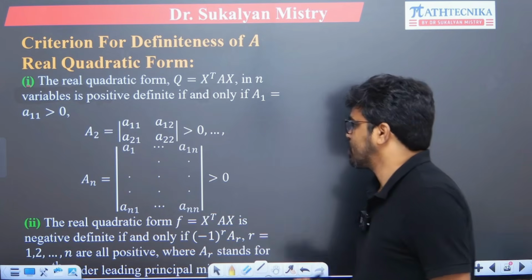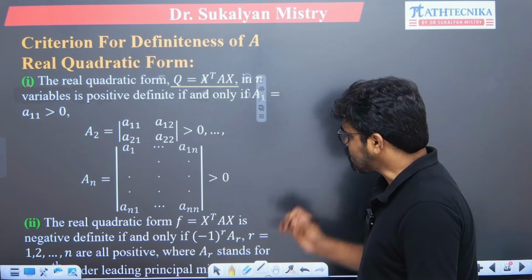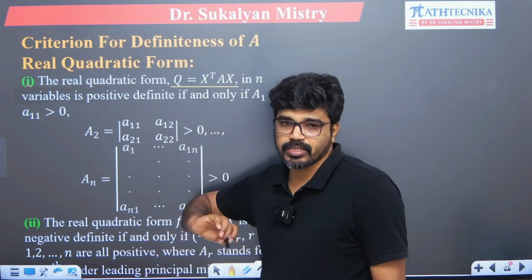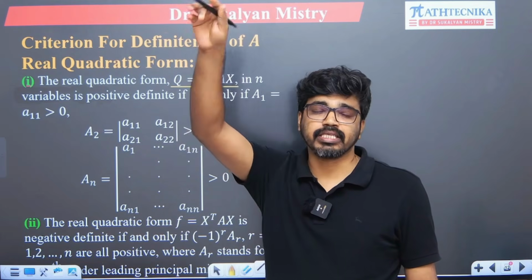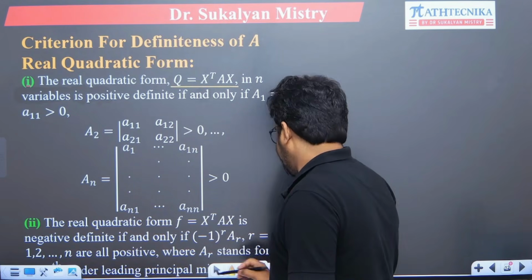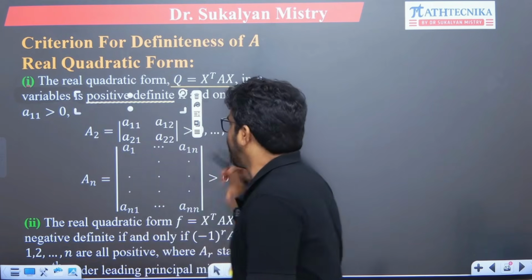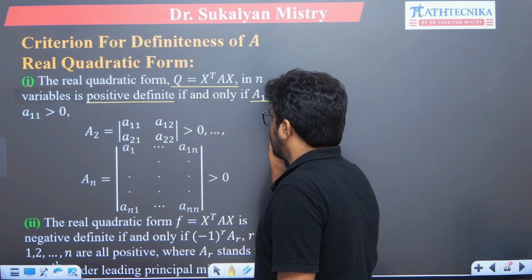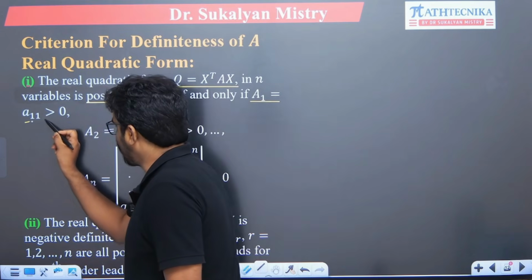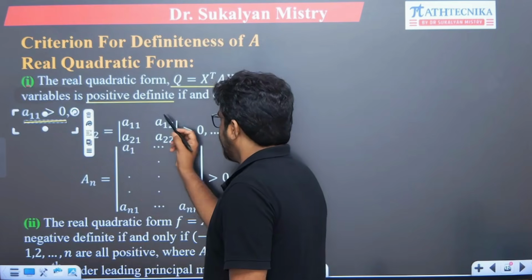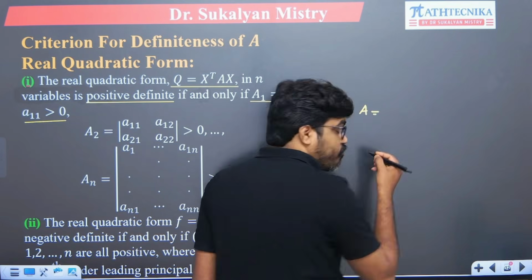A real quadratic form x transpose A x in n variables x1, x2 up to xn is positive definite if and only if A1, that means this position a11, is greater than 0. A2, that means suppose we consider a 3 cross 3 matrix.